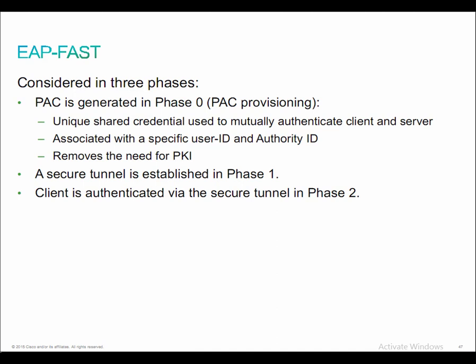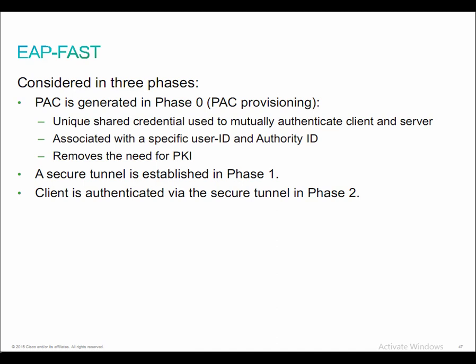There are actually three phases of operation in EAP-FAST: Phase 0, Phase 1, and Phase 2. In Phase 0, the PAC needs to be installed in the client. That can be done manually, or it can be done via some trusted connection where the client authenticates using a different method, maybe TLS or something like that, or MS-CHAP version 2. And that's typically what happens in most environments.